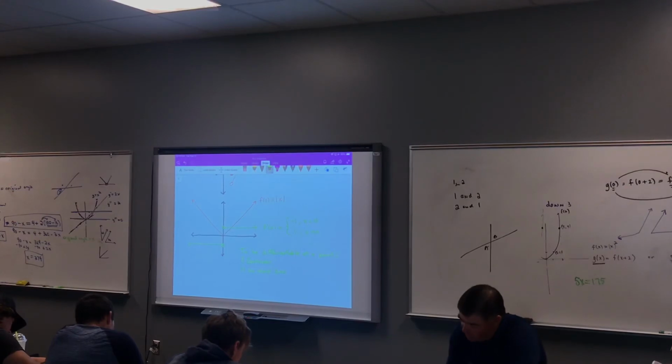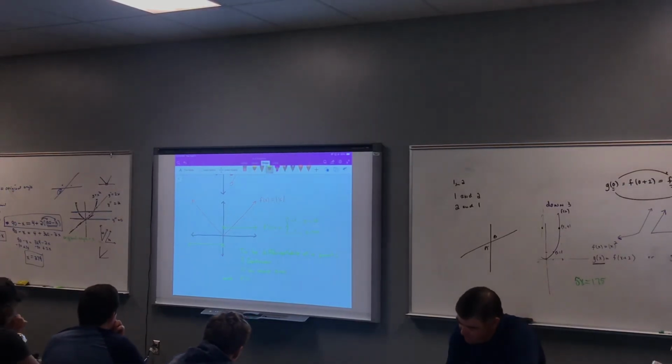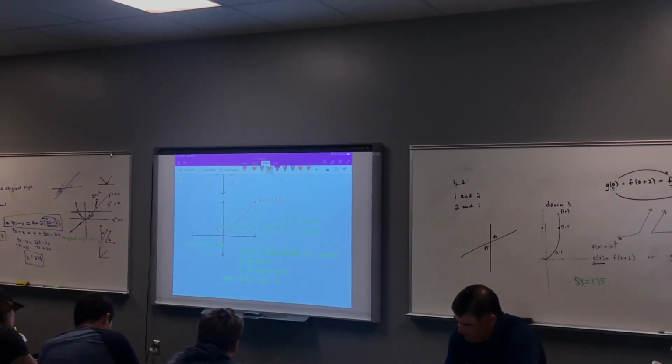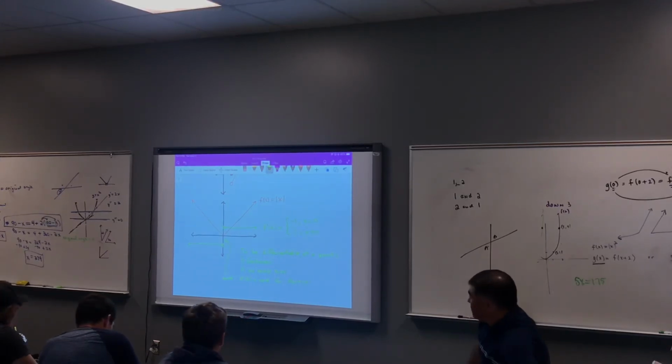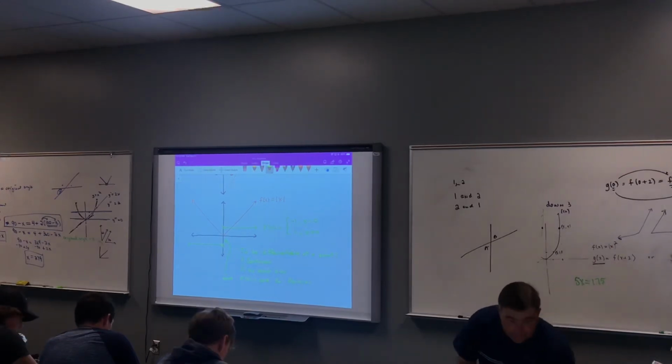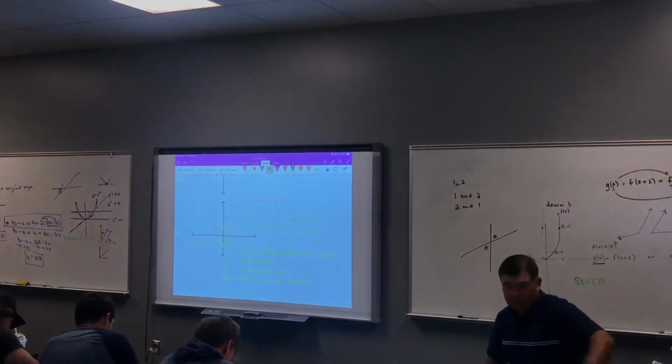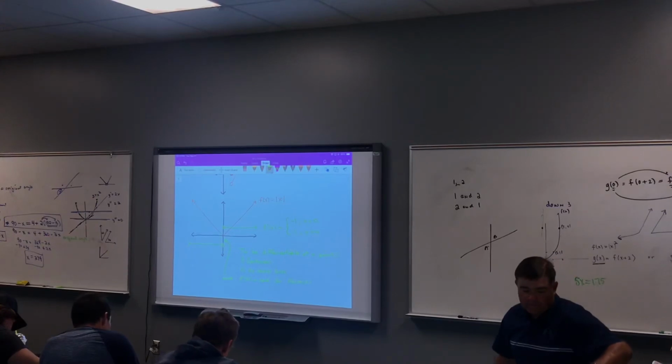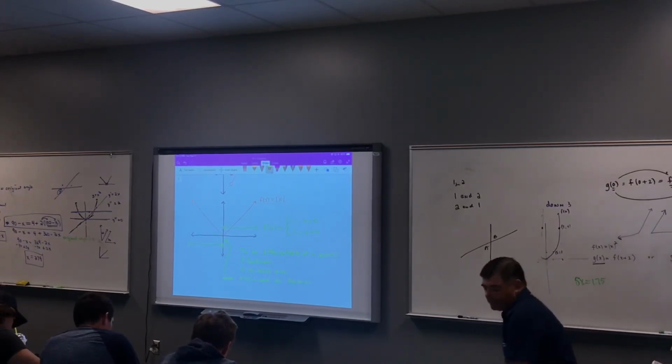And I'll just note, f prime of 0 does not exist for f of x equal to absolute value of x, and then I'll draw that little point up there for the sharp turn. Okay? Good to go? Makes some sense.